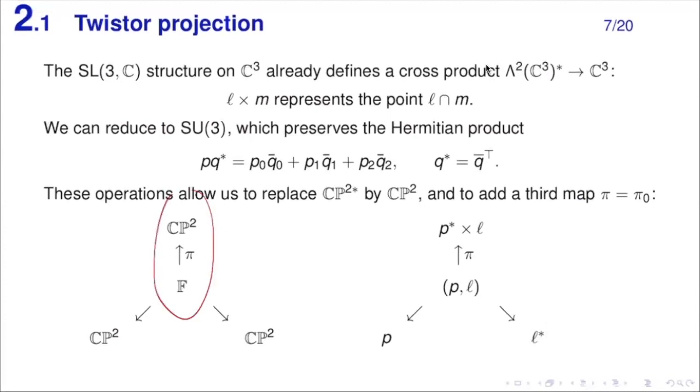Instead of thinking of a flag as a line in a 2-dimensional subspace in C3, I'm now using the unitary structure to think of a flag as a decomposition of C3 into 3 orthogonal lines. So rather than thinking of it as a one-dimensional subspace in a two-dimensional subspace, I'm thinking of it as 3 one-dimensional subspaces.